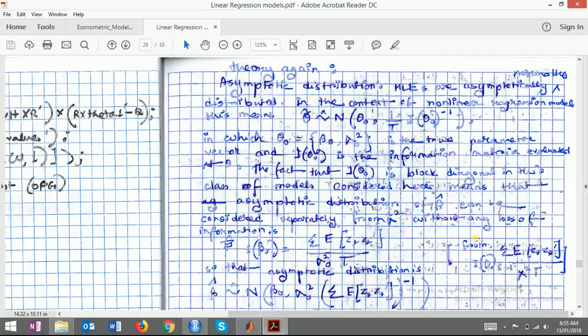I theta naught is the information matrix evaluated at theta naught. The fact that I theta naught is block diagonal in this class of models means that the asymptotic distribution of beta hat can be considered separately from sigma hat square without any loss of information.